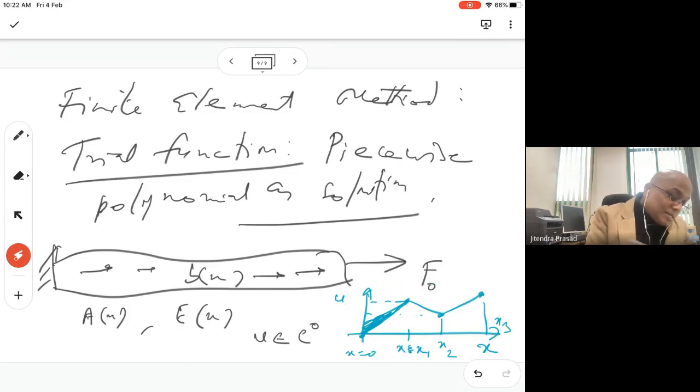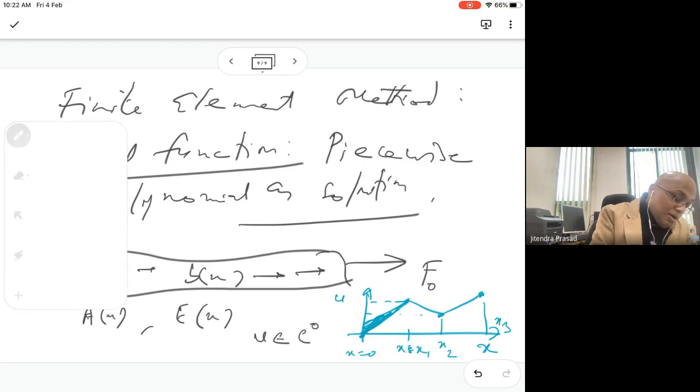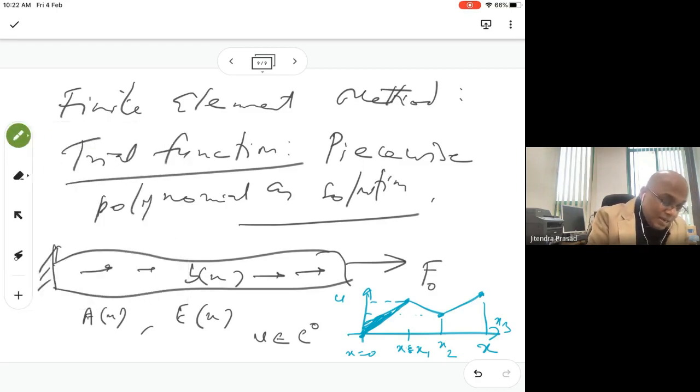And what is the advantage? Basically what we are doing is making three elements, element number 1, element number 2, element number 3, and we are putting here 4 nodes.